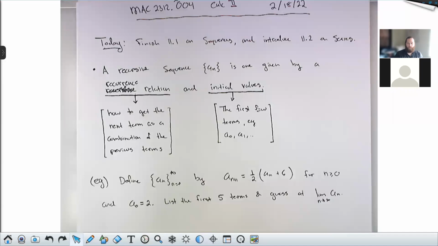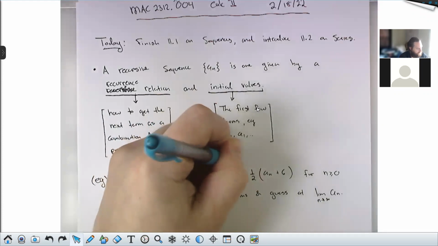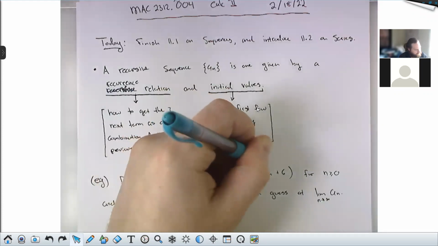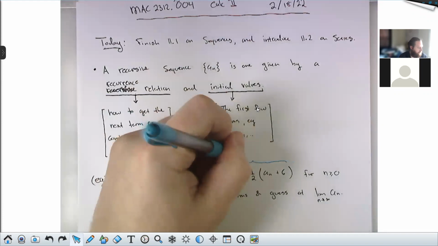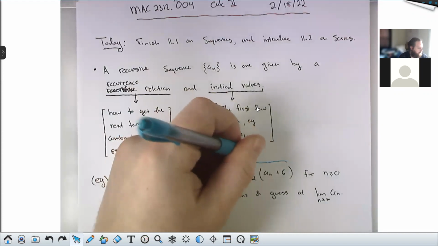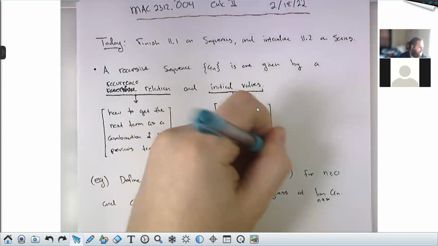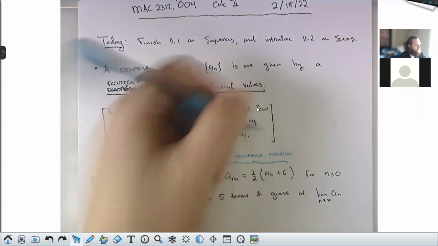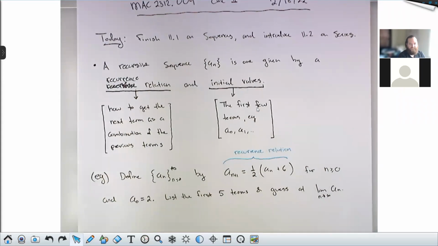So I want to try to say whether this sequence is convergent or divergent. If it's convergent, I'd like to have a guess at what the limit is. This piece right here is the recurrence relation. This is the rule that tells you how to get the next term from the previous term.